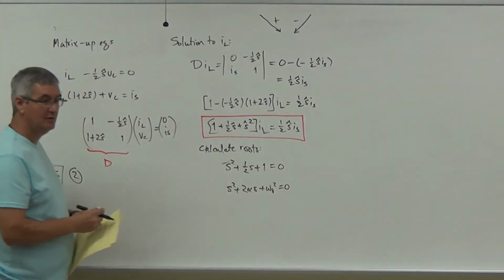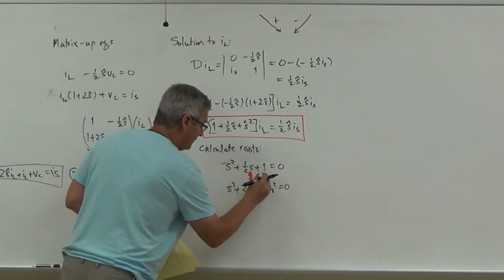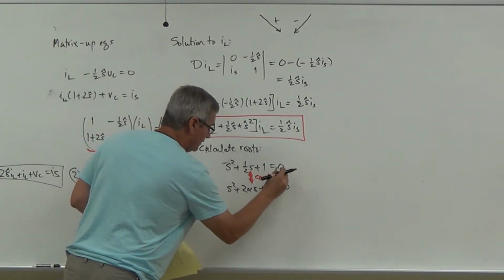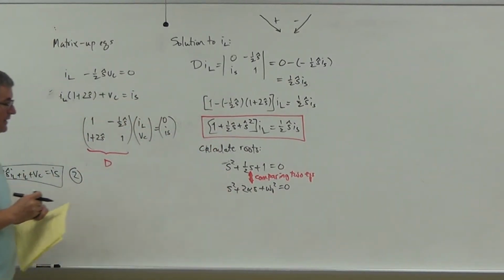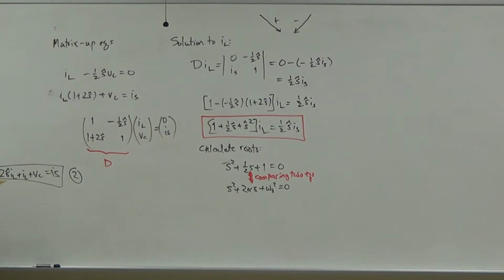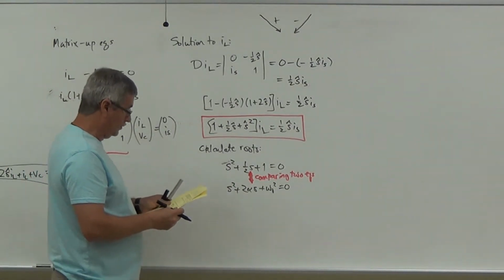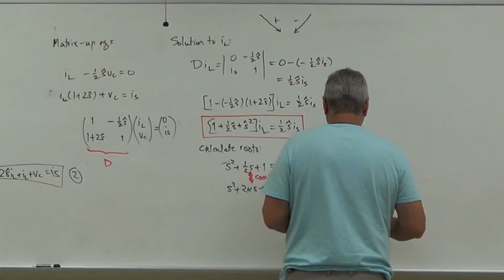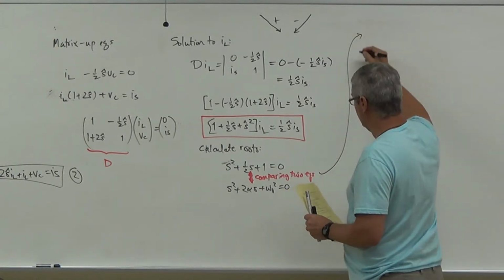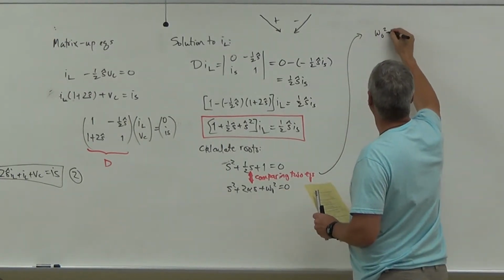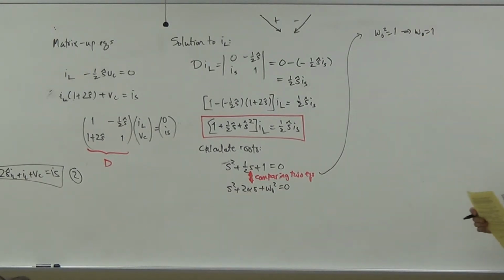So what I'm doing here is that I'm comparing two equations. If I compare these two equations here, what do I end up getting? Well, right away, if I look at this, you can see that omega naught squared has to equal 1, so therefore omega naught has to give me 1.